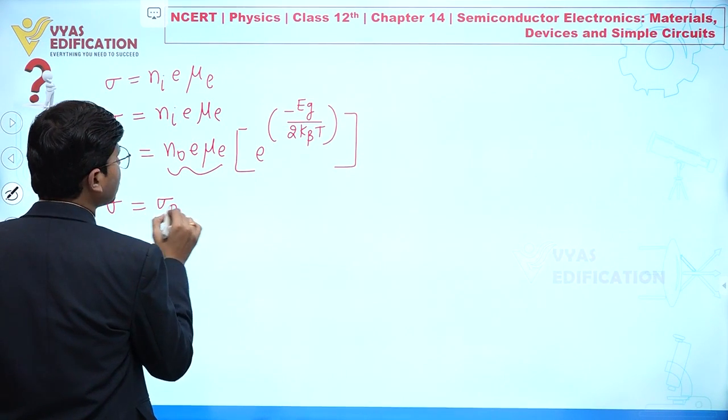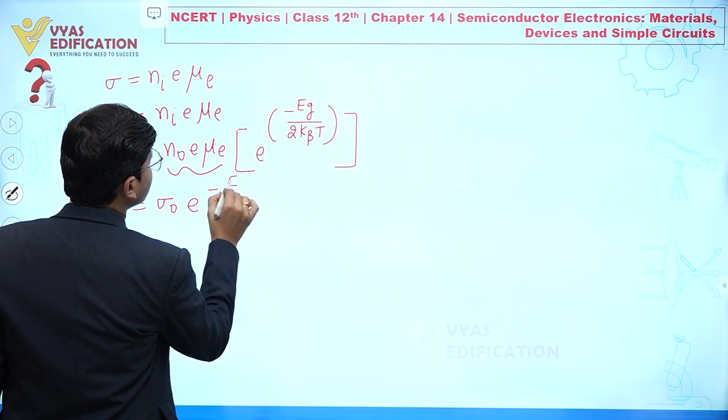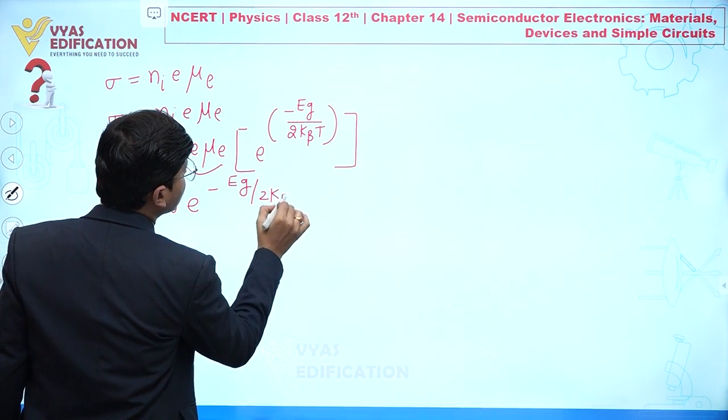So sigma equals sigma naught e to the power minus Eg divided by twice kB T.